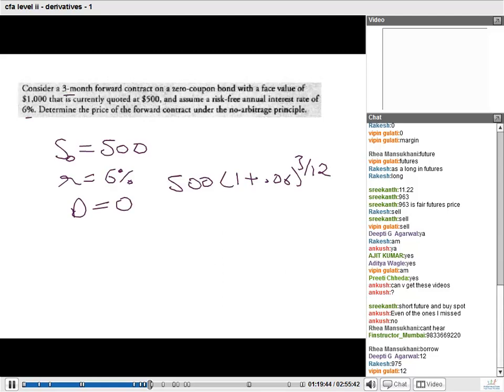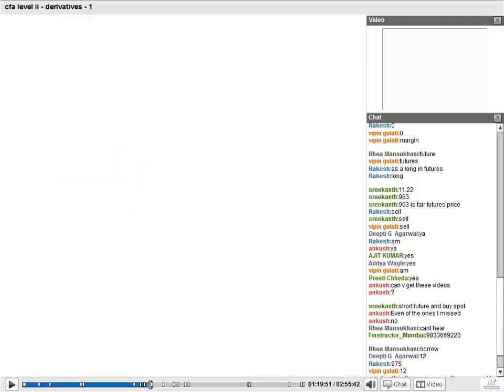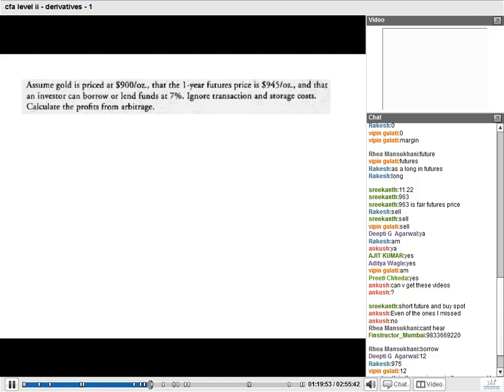Now that's called the cash and carry arbitrage. What we're going to study now is called the reverse cash and carry arbitrage. In the same question, assume the futures observed market price was not $975, rather it was just $945.